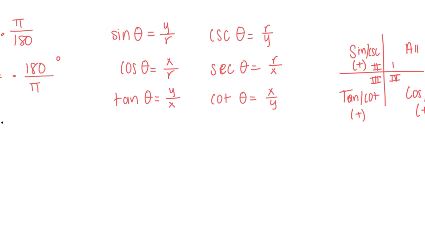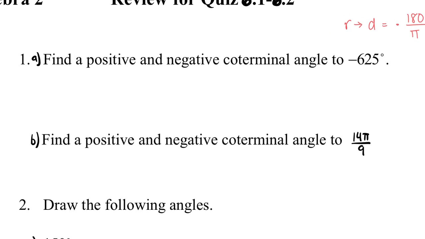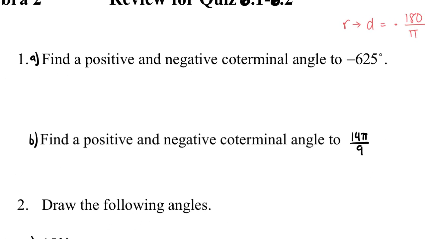All right, let's start solving these. It says, find a positive and negative coterminal angle to negative 625 degrees. You have to give both a positive and a negative; if you only give one, that would be incorrect. I'll do the positive first.